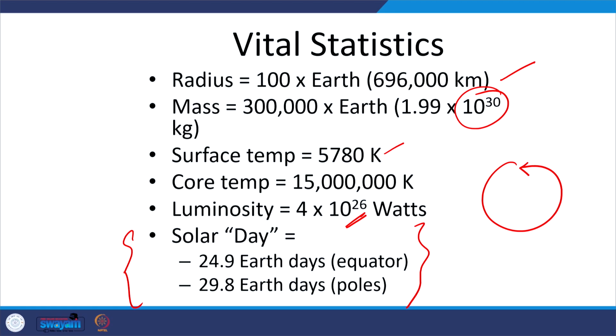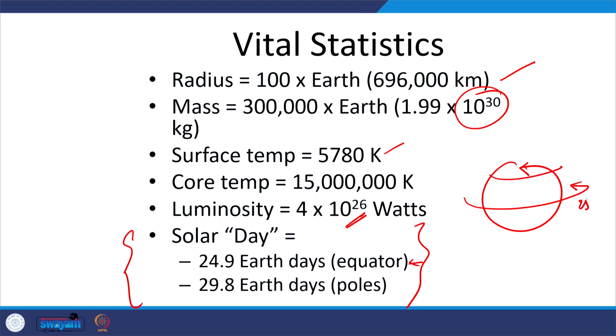So solar day is 24.9 days, or 25 days for example, as a round figure, near the equator. So the equator is rotating at a speed, and at the poles it is taking longer. It is taking nearly 30 days.